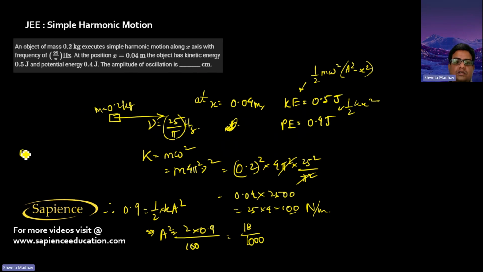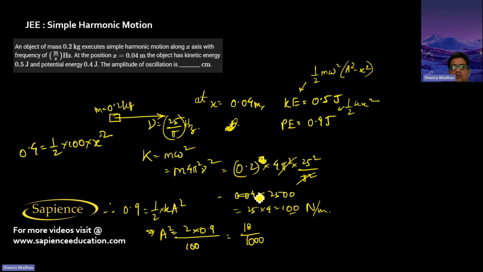Using this relation, we can say potential energy, 0.4, is equal to half k into x squared. Sorry, that is wrong.